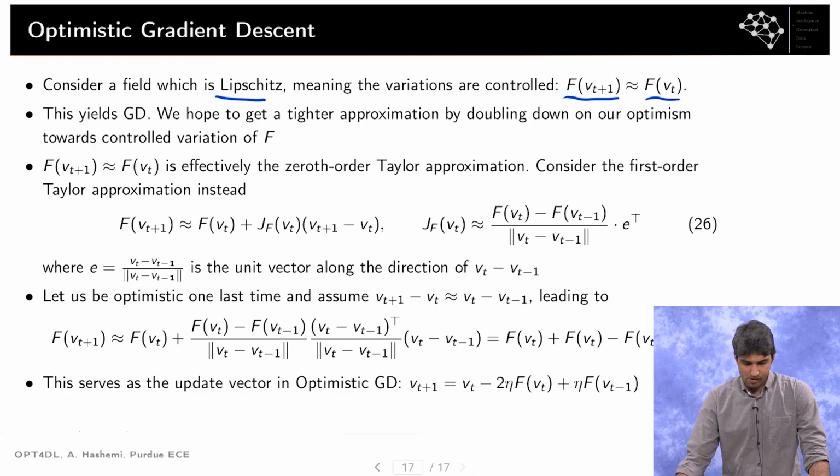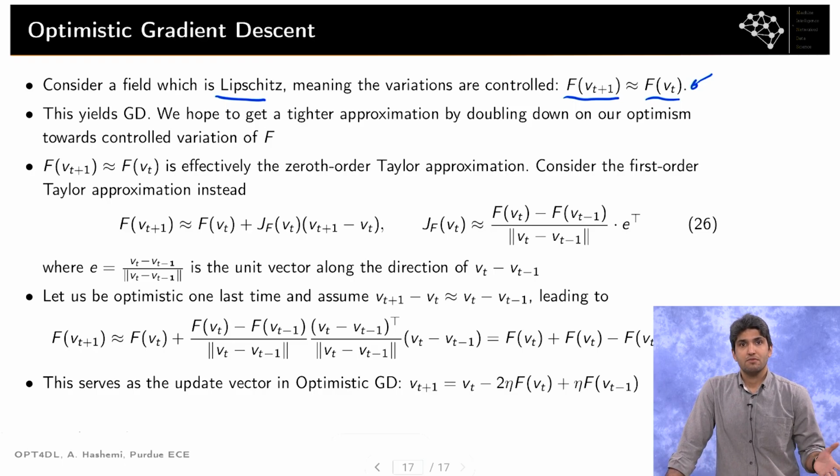If we use this simple, zero-order approximation, if you will, then we basically recover gradient descent. The future gradient is something that we use in the proximal point method. If we naively approximate it with the current gradient, we get gradient descent, which is not going to work.